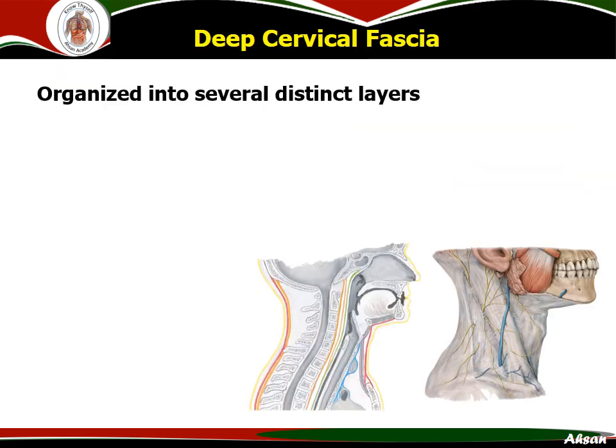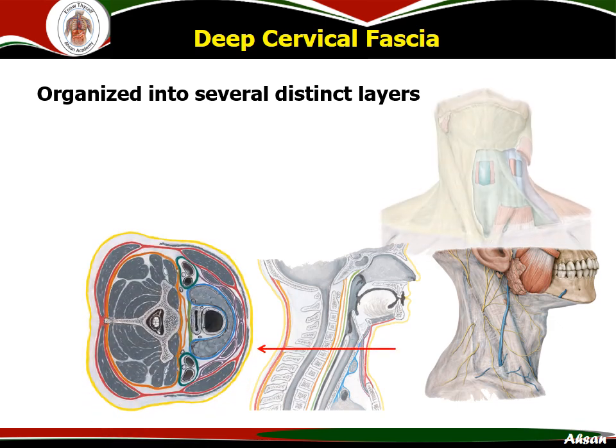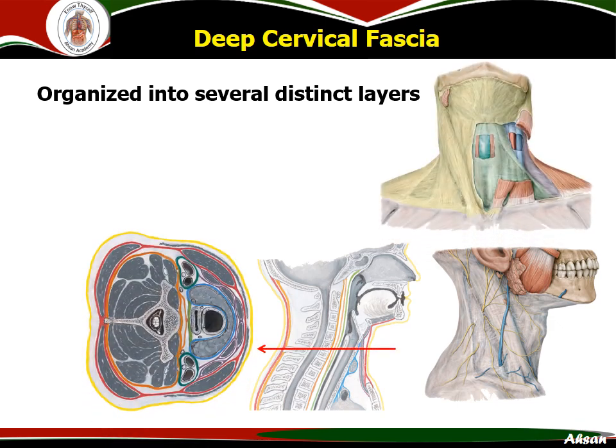Deep fascia is very important clinically, so the gross anatomy of this should be studied in a bit more detail. If you cut the section, you'll find this type, and diagrammatically different colors are used to show different layers of the deep fascia. The outermost layer is the investing layer.